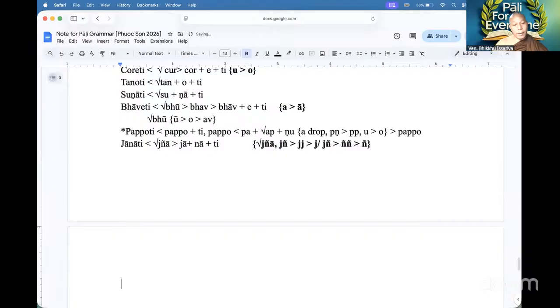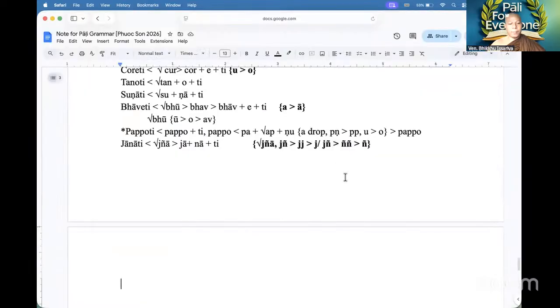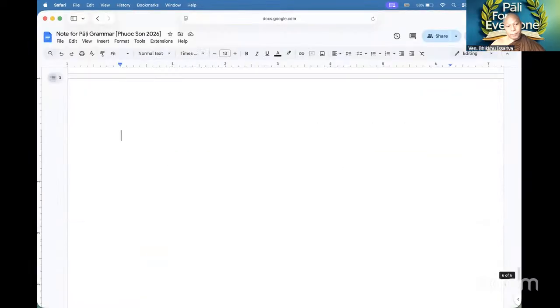Okay, and then next. So janadi and chaditi. So chaditi is D and A and chad.